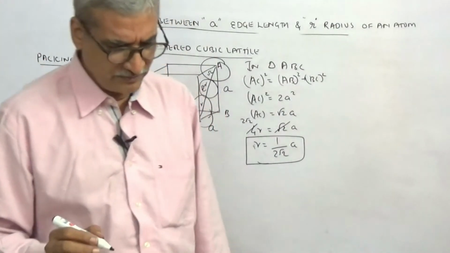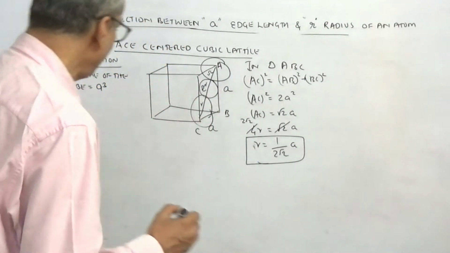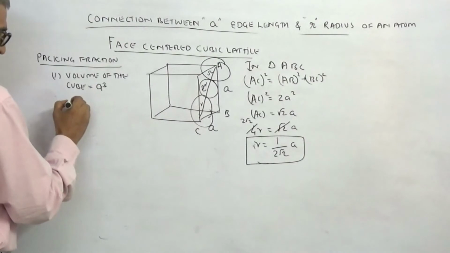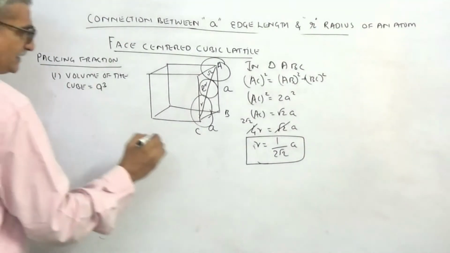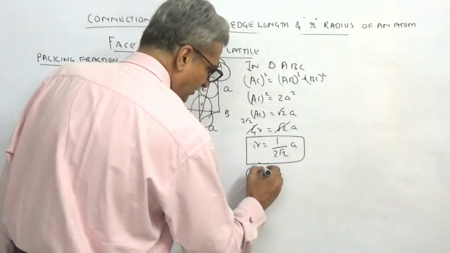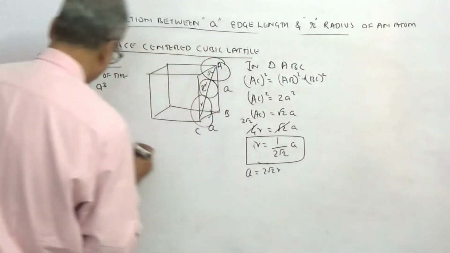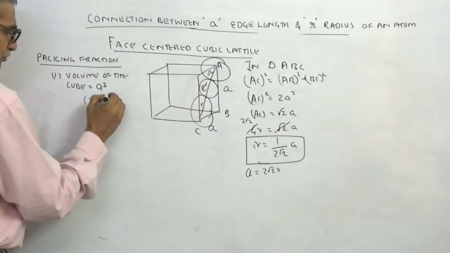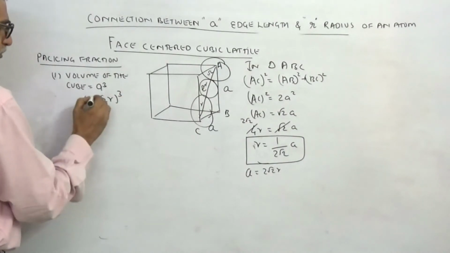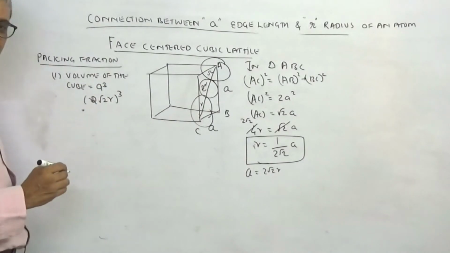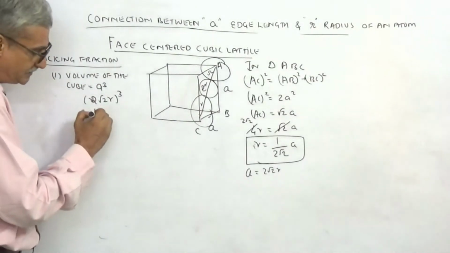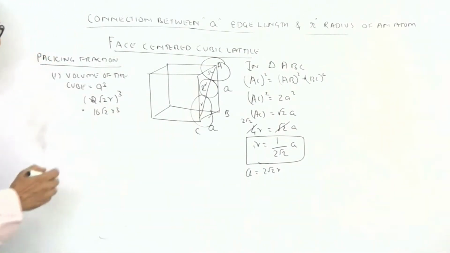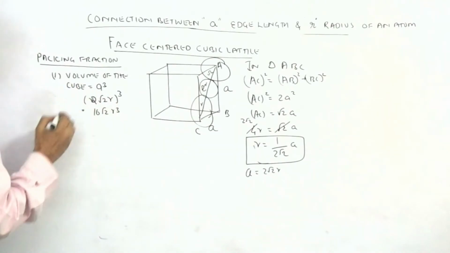Let us substitute: A becomes 2 root 2 R, so we have 2 root 2 R the whole cube. 2 cube is 8, 8 twos is 16, so it becomes 16 root 2 R cube. So this is the volume of the cube in terms of R.